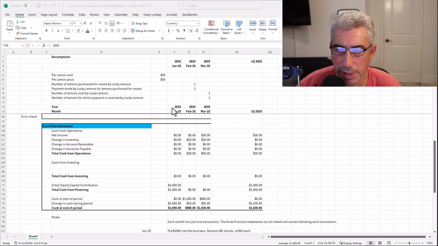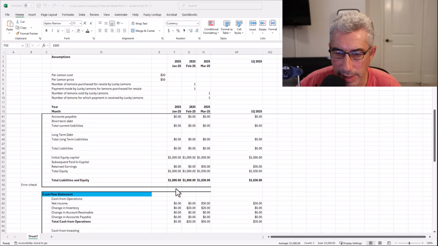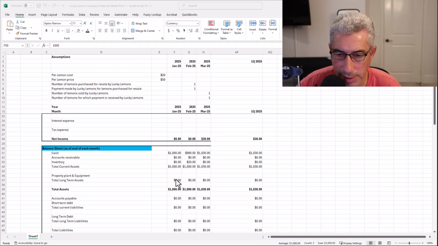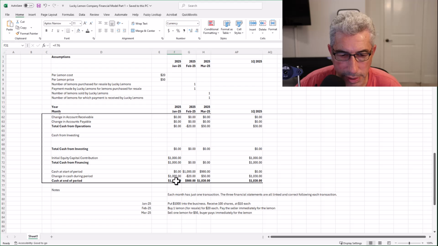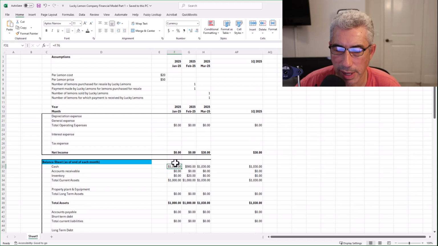Now end of period here is the end of January 2025. And let's look at the first linkage here. This cash here, and I'll click on that to select it. This cash amount here equals F76, which is the ending cash balance of the cash flow statement. So that's it. That's the first month.